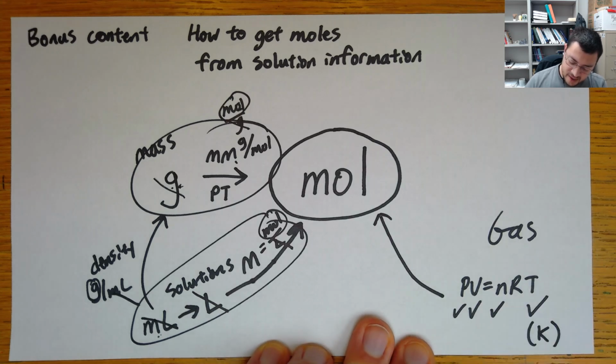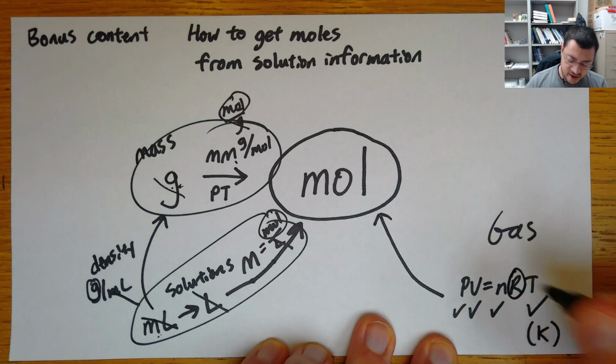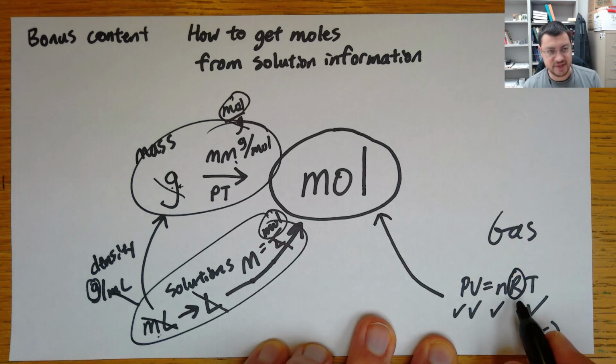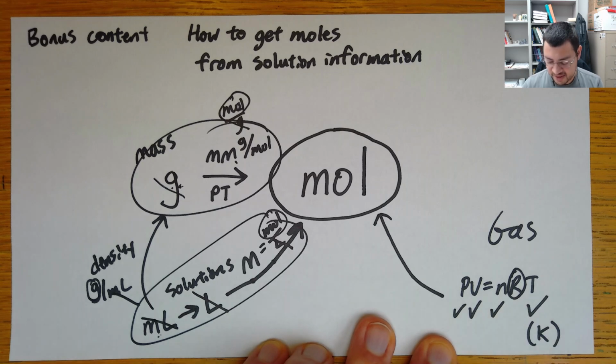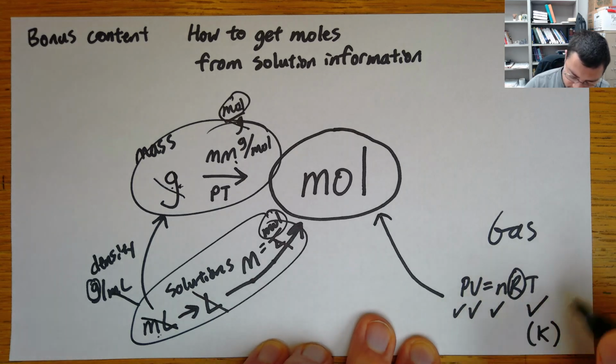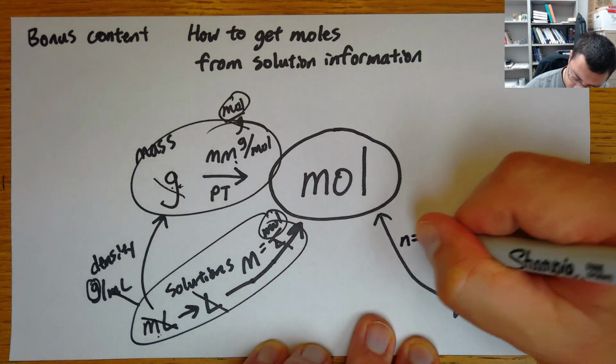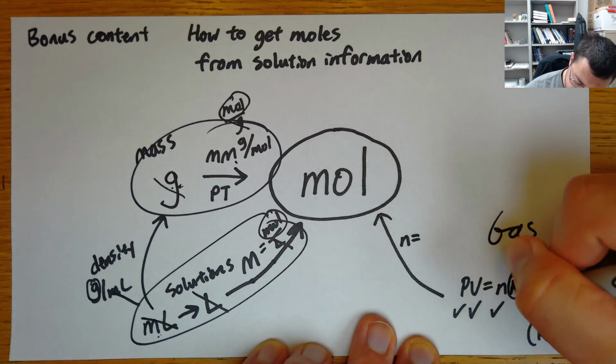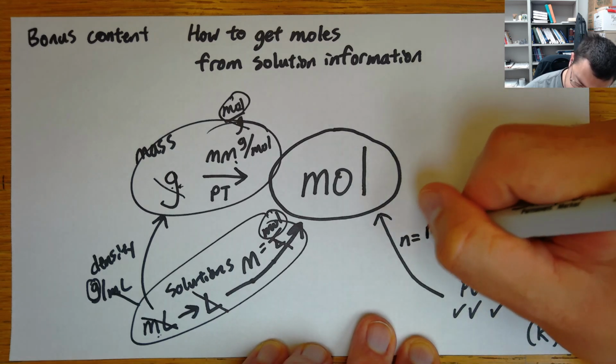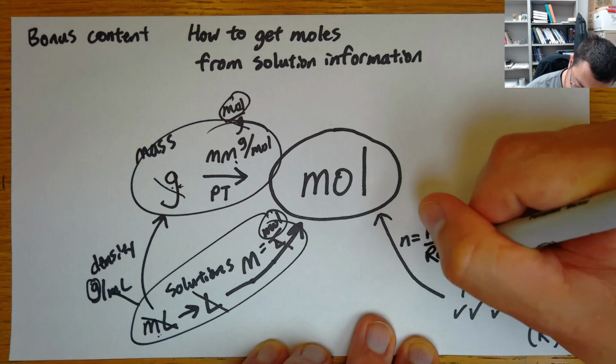And then we have this constant R. That's not a variable. That's just the ideal gas constant. But we can rearrange this algebra to get n equals PV over RT.